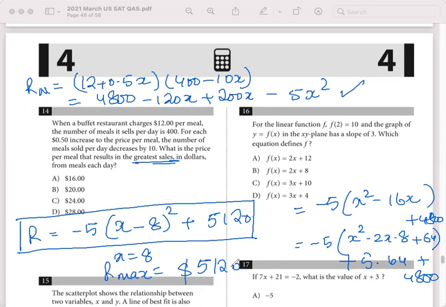And remember what x was? x was the number of increments of $0.5 increase in the price of the meal. So the price of the meal should be 12 plus 0.5x, which is 12 plus 0.5 into 8. And let me write it on the right.